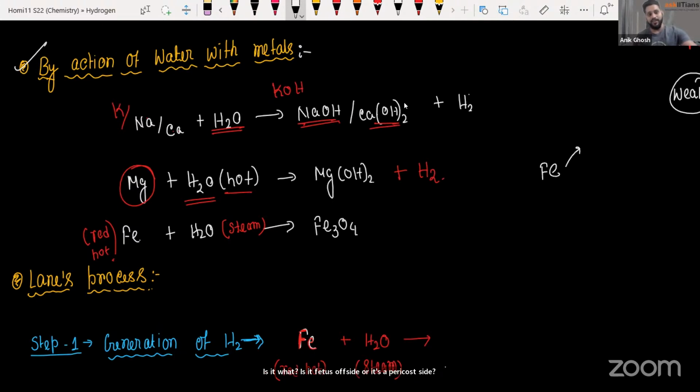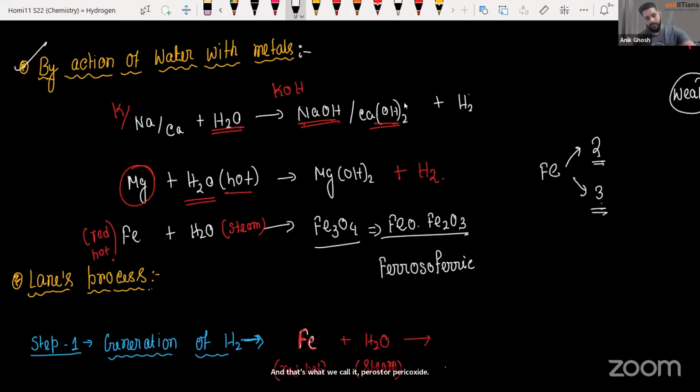Iron has two valences, 2 and 3. 2 is ferrous oxide, 3 is ferric oxide. It is neither of them. Or I should rather say it is both of them. And that's why we call it ferroso-ferric oxide.